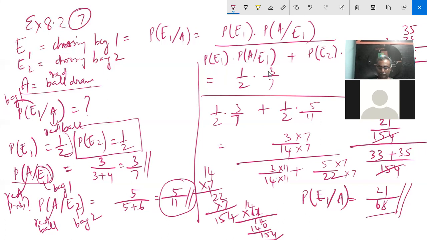Any calculation problems? Any mistake I have made?